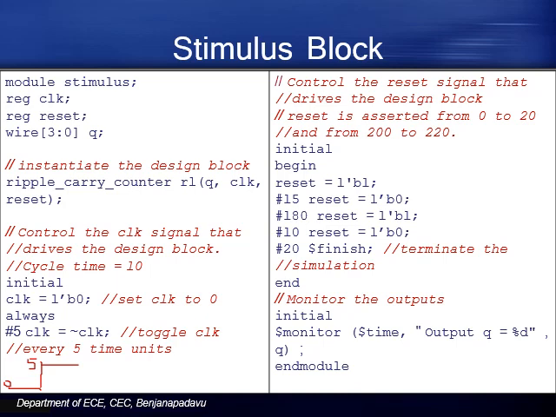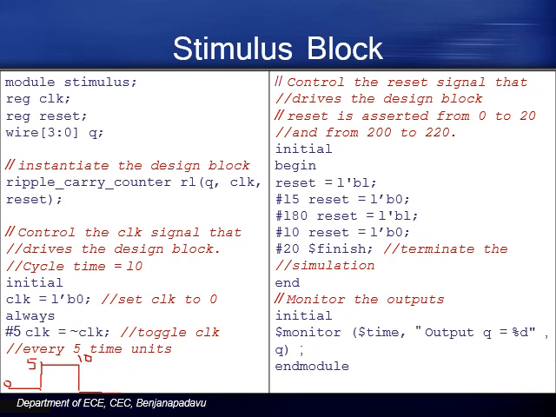Again this is always, so this block will be continuously executing. After 5 time units from 5, that will be at 10, the clock will toggle again. So at 10 it will become equal to 0.